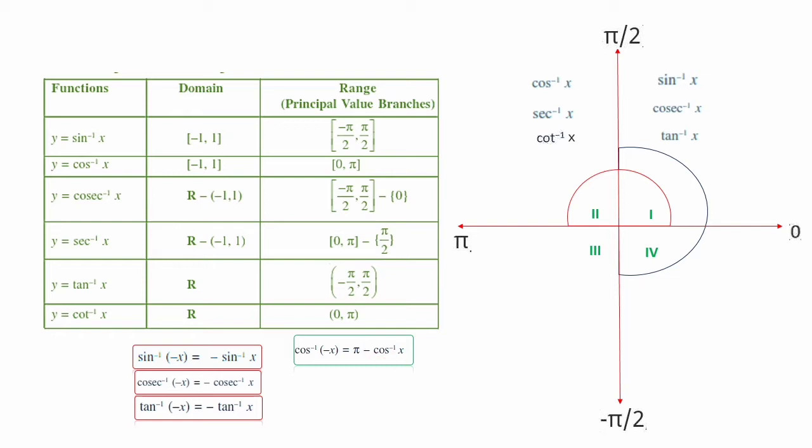We have to subtract from pi. Sec inverse of minus x is pi minus sec inverse x, and cot inverse of minus x is pi minus cot inverse x. These are the formulas we used in the last class, and please recall or memorize these formulas before going to the next slide.